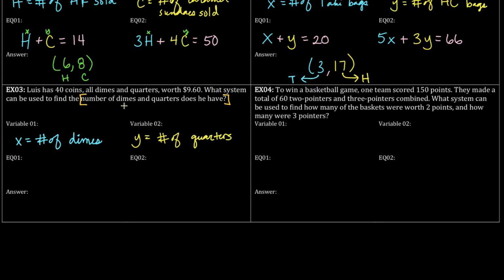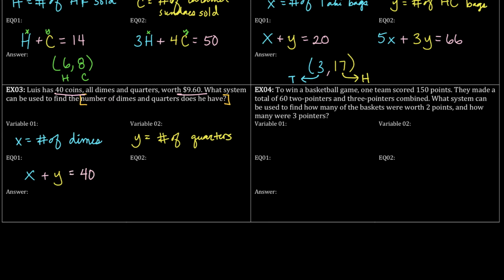Okay, so 40 coins total and $9.60. So we know that the number of dimes plus the number of quarters is a total of 40 coins.